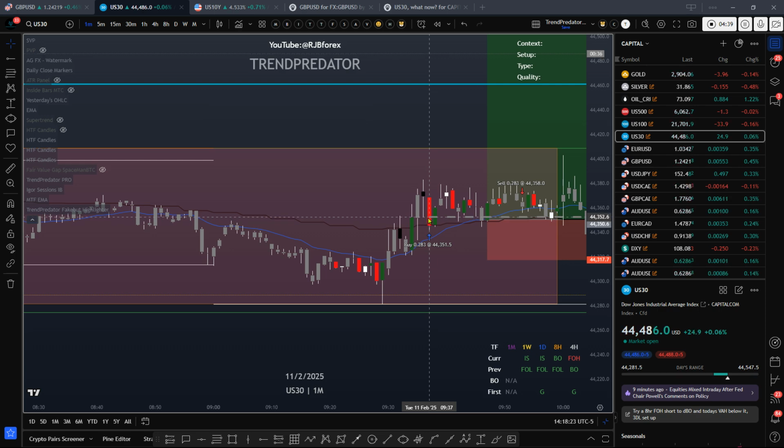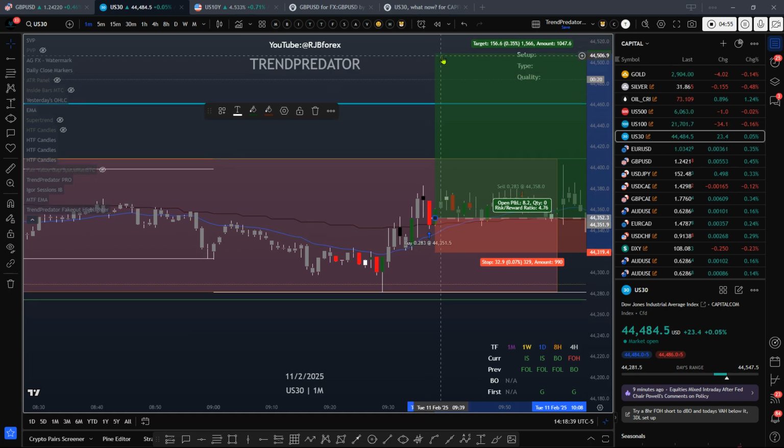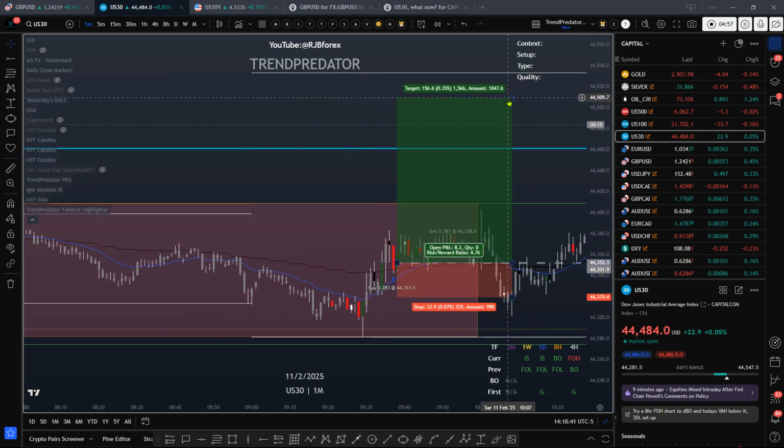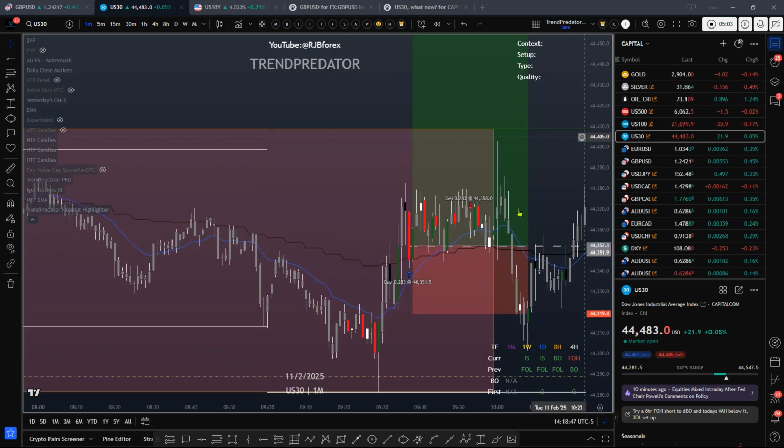Okay, round about here was the entry as the market started to pull away. So it's been signaled on this bar. It was actually this bar that was rolling over, bullish. And target was the closing price, and it was around about 3 to 1, so it's quite a relatively tight stop.